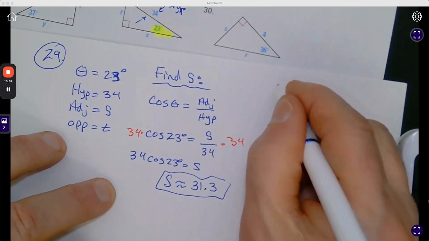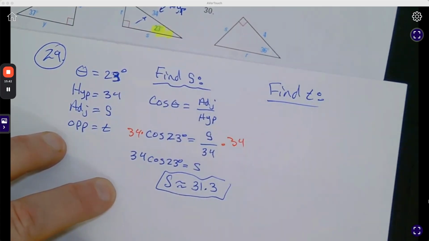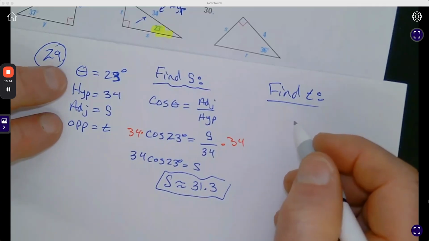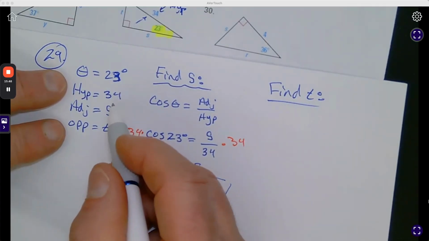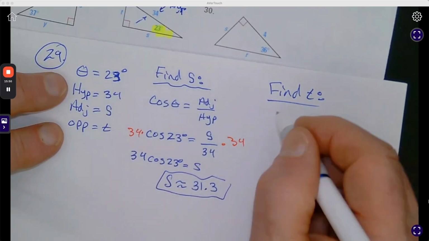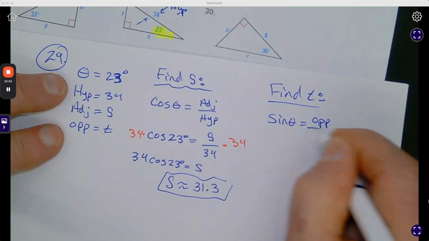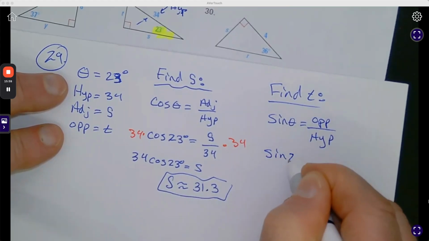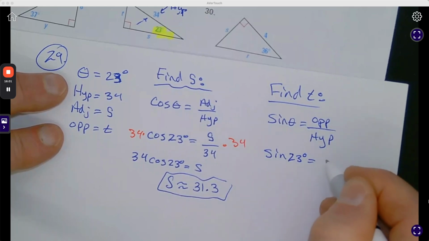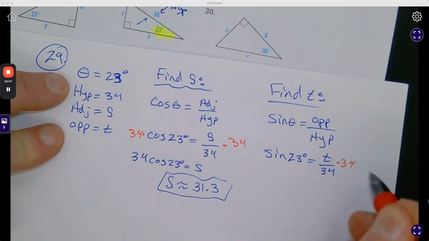Good. Now let's find T. Okay. T is the opposite and we have the hypotenuse, because you always need to use the sides that you have. So that's sine. Sine of theta equals opposite over hypotenuse. Substitute in what you know. Multiply both sides by 34.